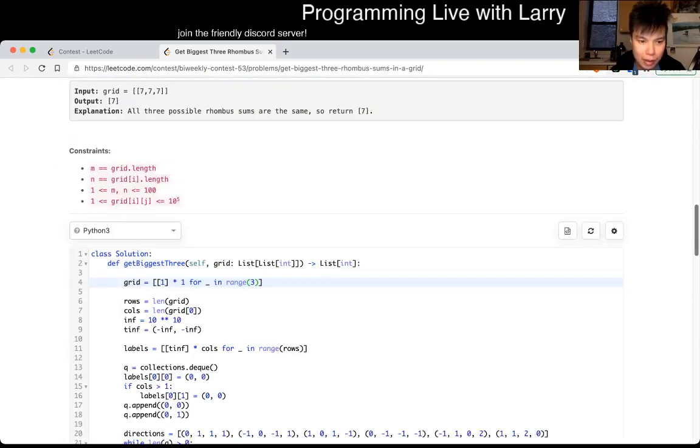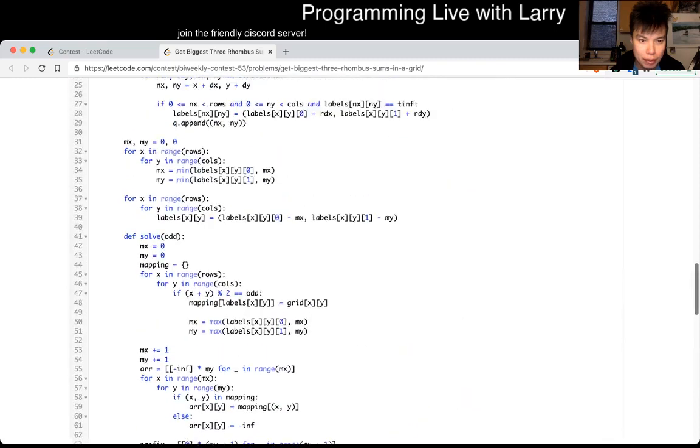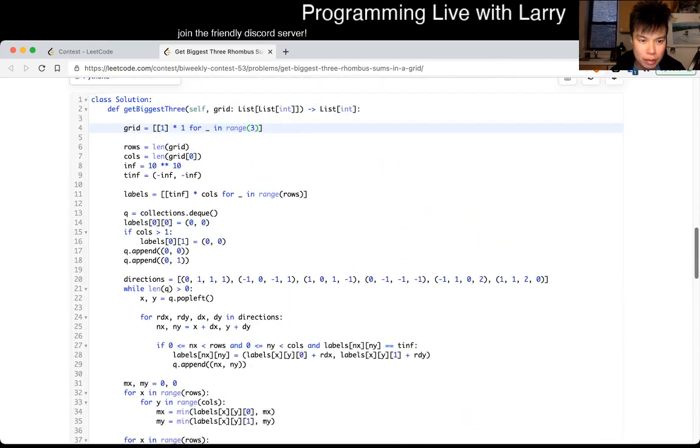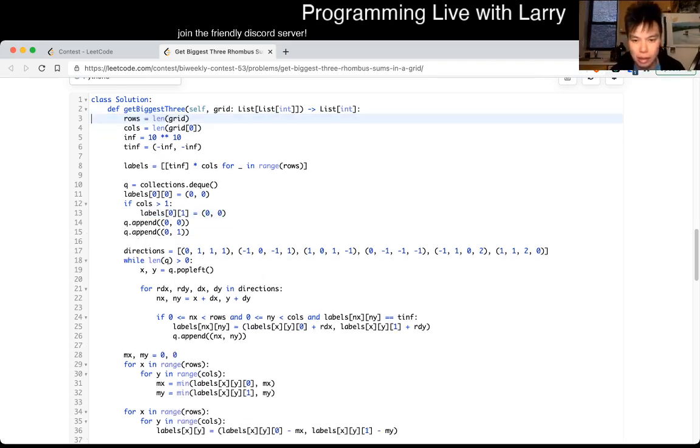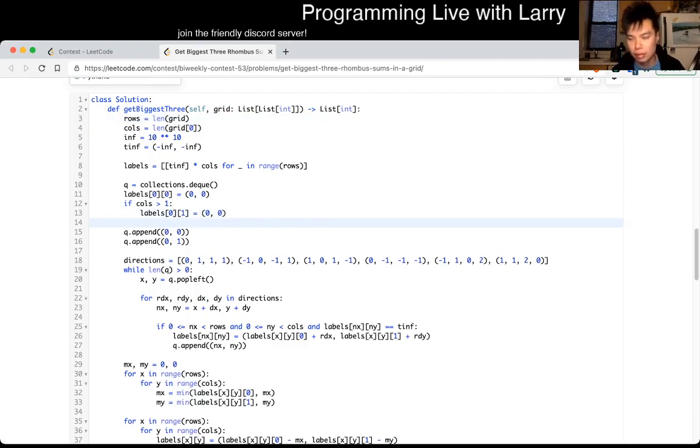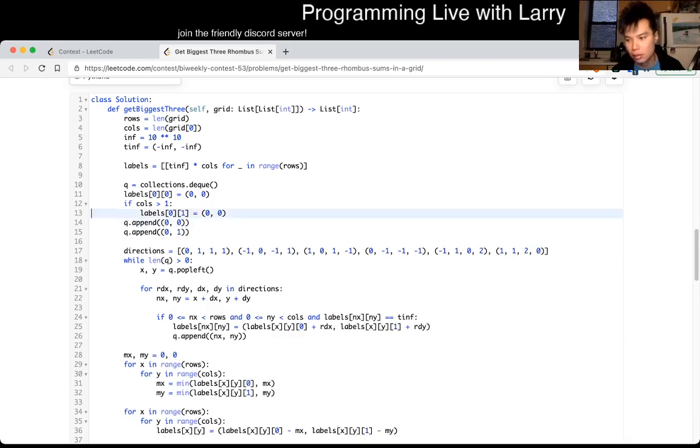But why? Is this number wrong? Oh, because, okay. Let's choose diagonals. Okay, I know what's going on. I am silly. So if columns is 1, we don't look at.